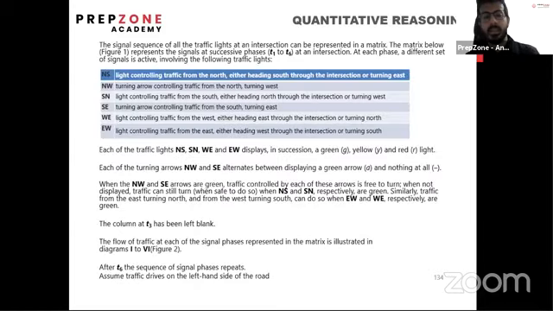It just says each of traffic lights NS, SN, WE, EW displays in succession of green, yellow, and red. And it's given you when NW and SE arrows are green, traffic controlled by each of these arrows is free to turn, right? And traffic can still turn when NS and SN respectively are green.